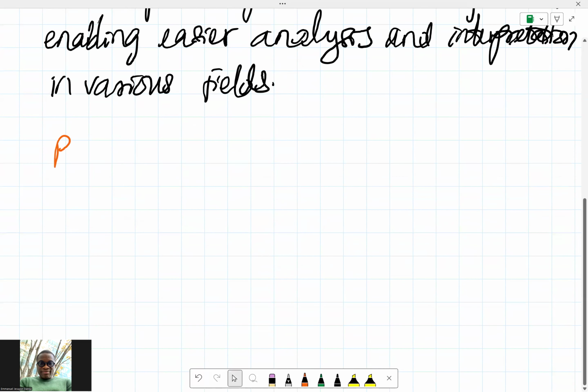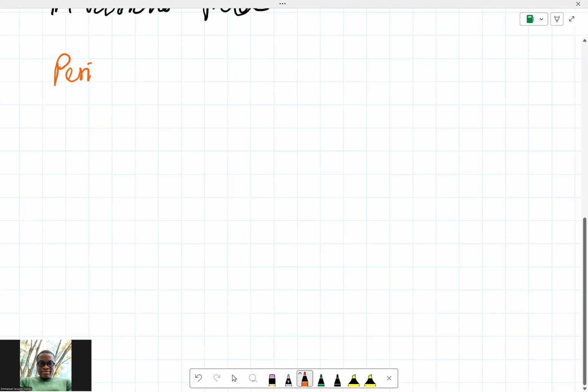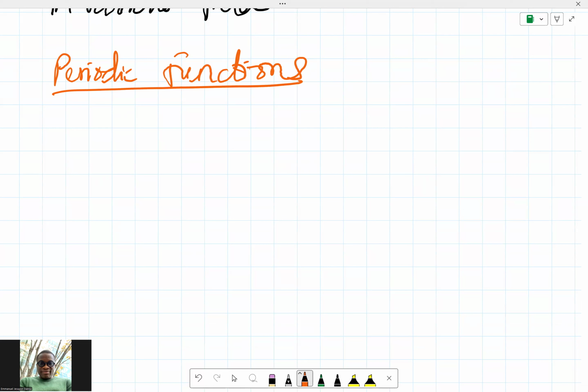What are those periodic functions? So first we're starting out with the definition of periodic functions.